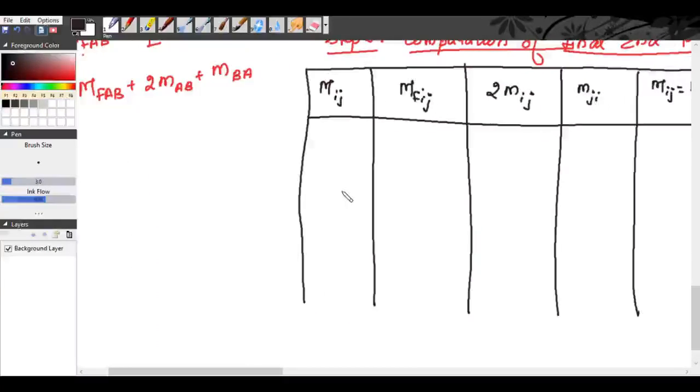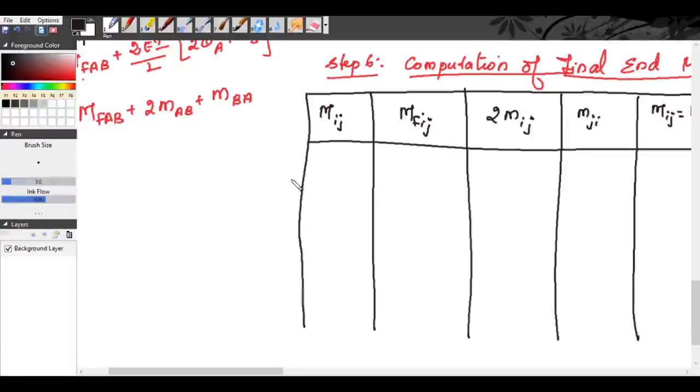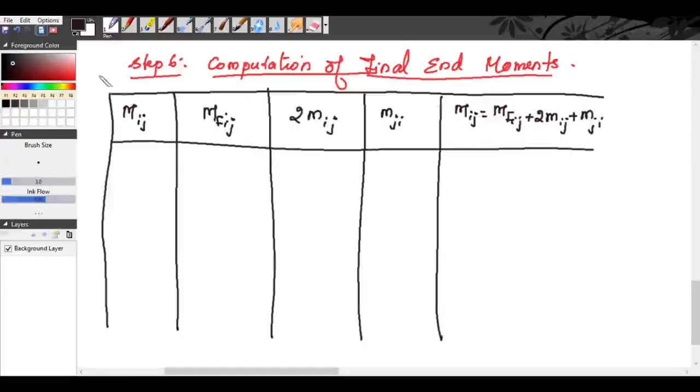So, we will write here MIJ as MAB, MBA, MBC, MCB and MCD. MFIJ is the fixed end moment at I and J. Here I is A, J is B. Here I is B, J is A. Here I is B, J is C, I is C, J is B, and it goes on like that.